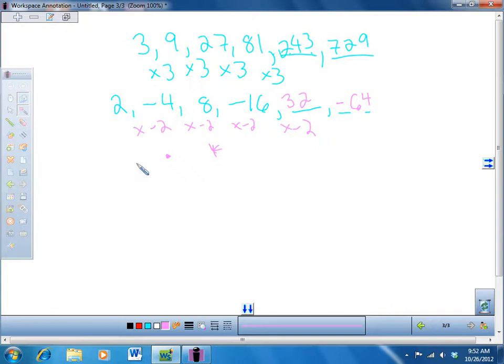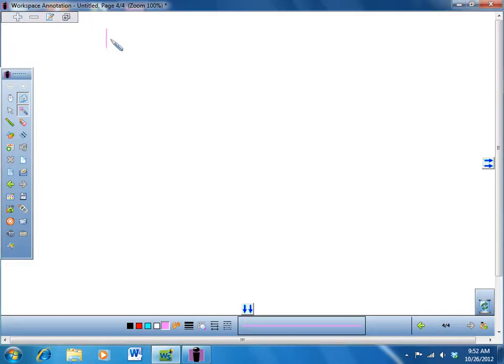So now we're going to talk just about arithmetic sequences. And this is the last thing. I know it sounds like a big word, arithmetic. It's a little bit different than arithmetic. A sequence is any number pattern.